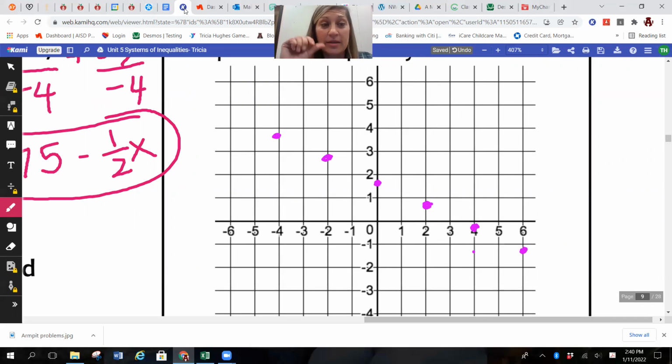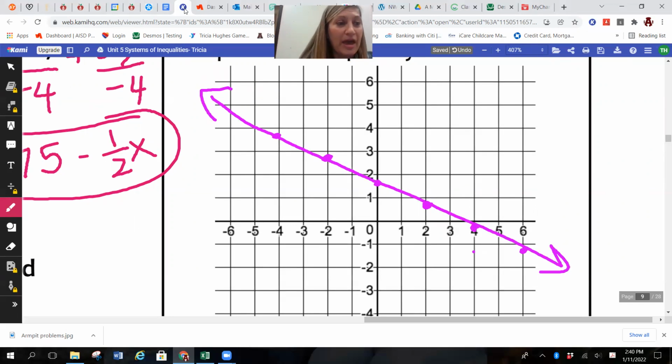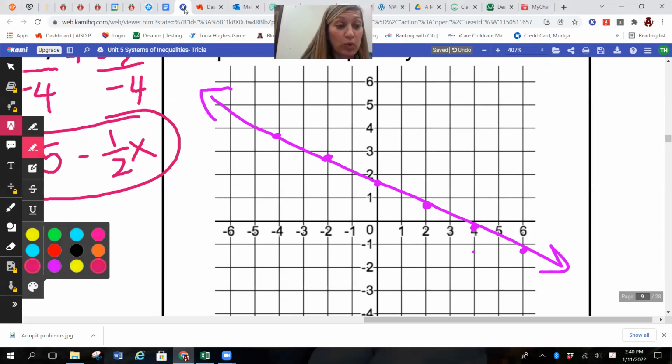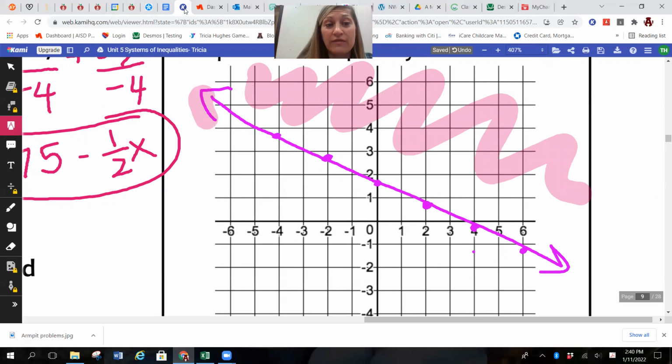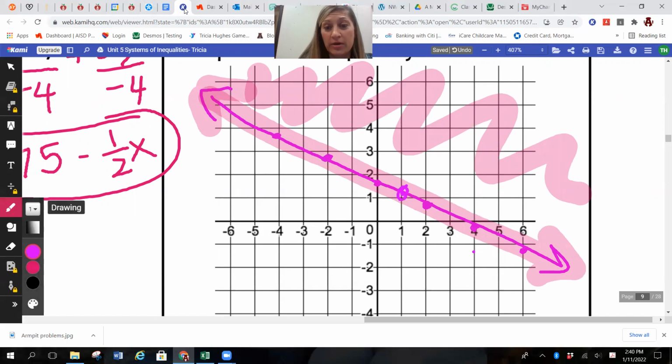Now we've already said greater than or equal to is solid. Okay, now we have to shade greater than or equal to. So we have greater than is up here, or we have equal to is right here. So if you are an answer to this problem, you could be right here.